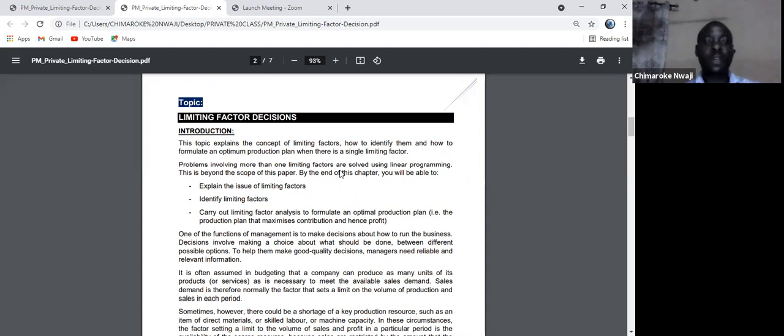We are going to be looking at limiting factors and how we can manage scarce resources. This topic explains the concept of limiting factors, how to identify them, and how to formulate an optimal production plan where there is a single limiting factor.